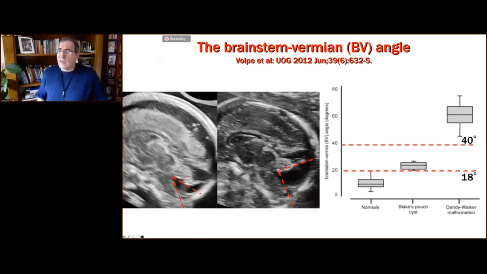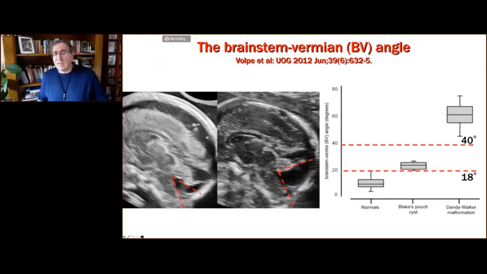Sometimes you can get the impression that there is some posterior opening of the fourth ventricle, even in a completely normal fetus. And we have seen that fetuses that had a rotation of up to 18 degrees between the brainstem and the anterior portion of the cerebellar vermis are always invariably normal.